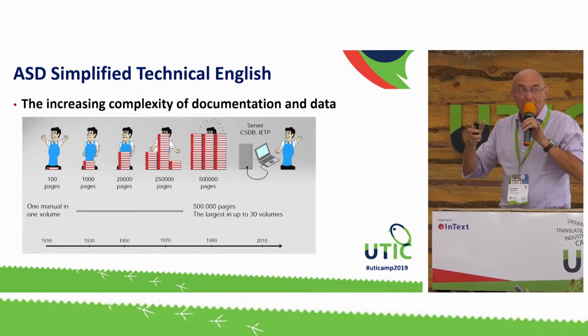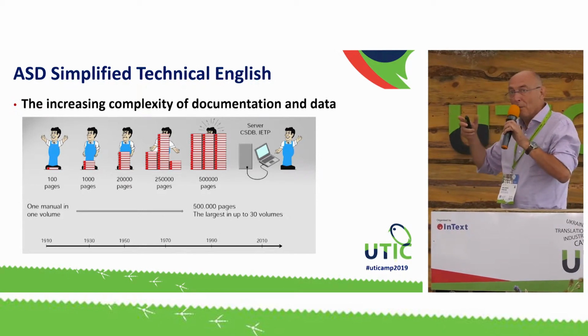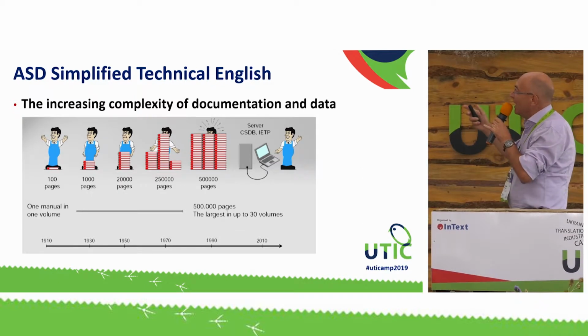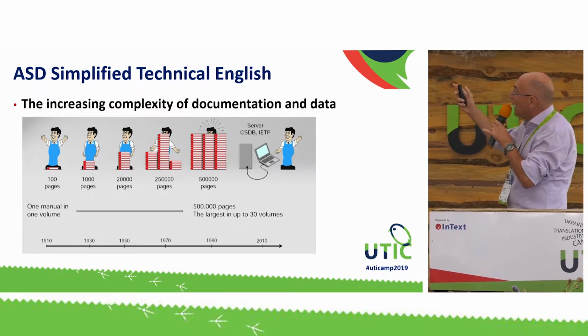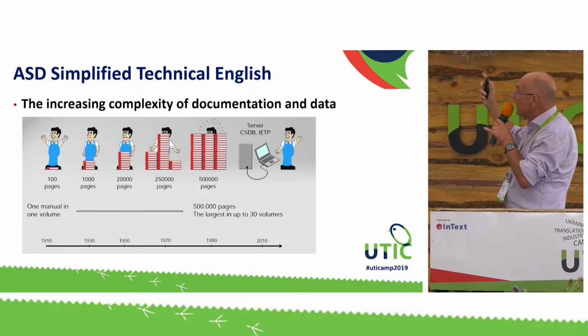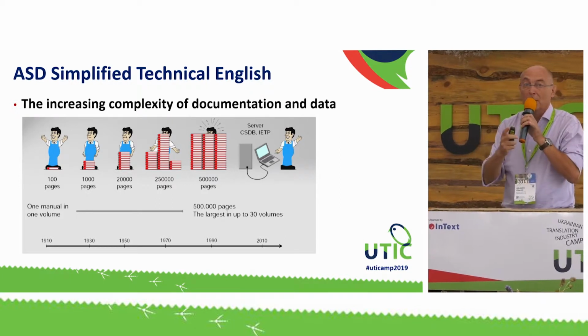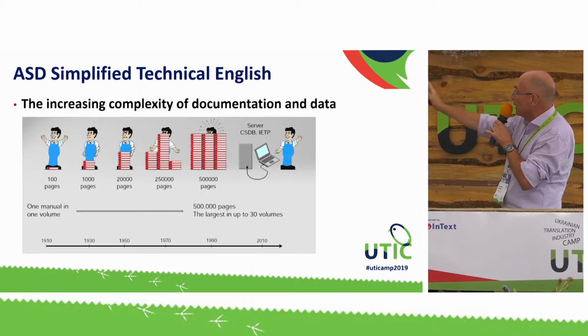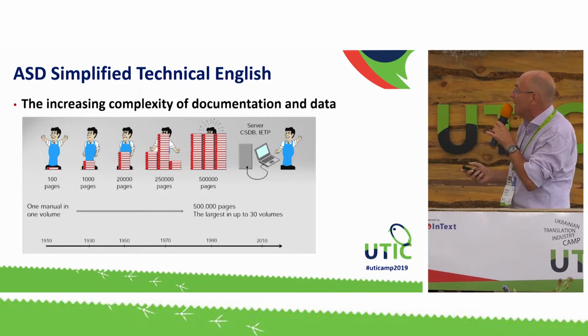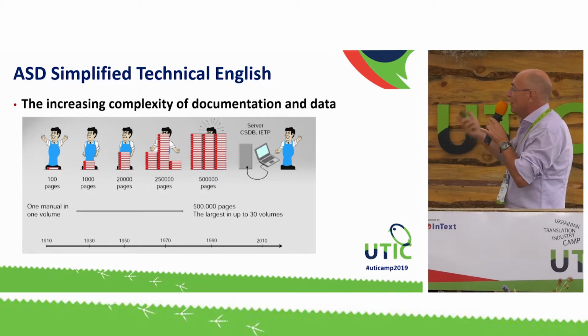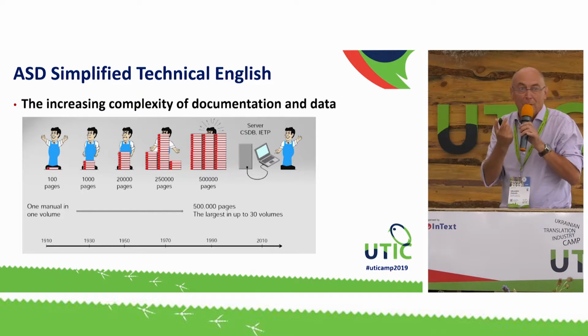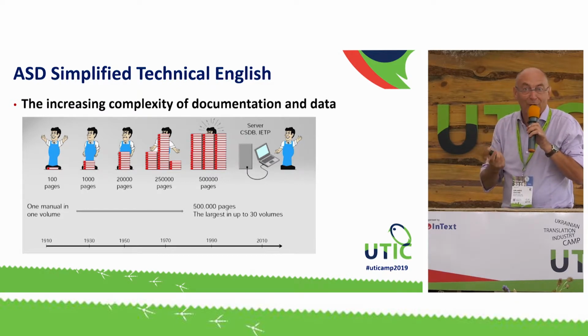At the same time, we can compare the complexity of the documentation and data related to the aircraft. If we start from the beginning, the manual was only one volume, with very, very few pages.